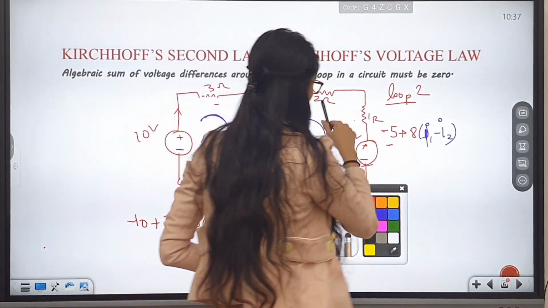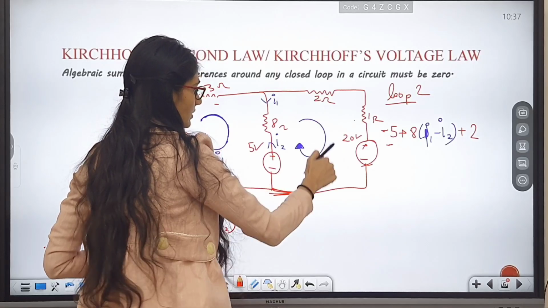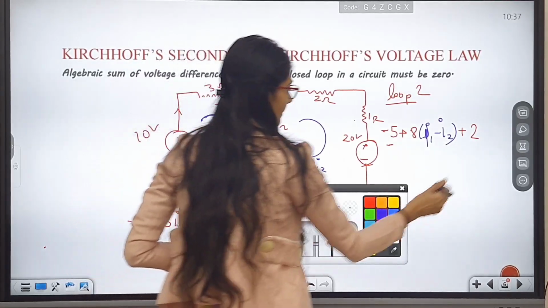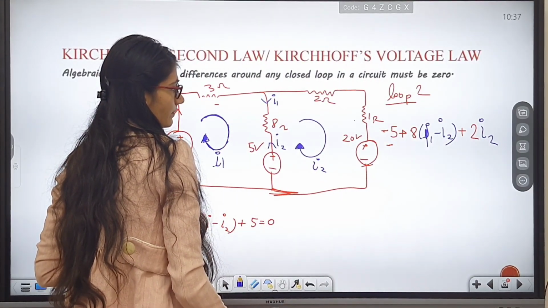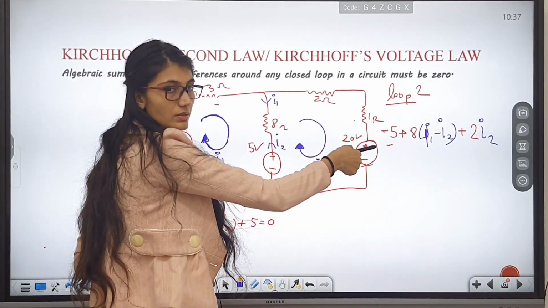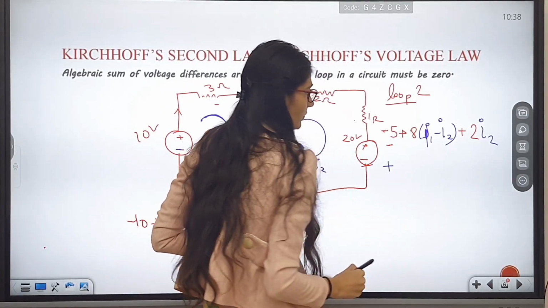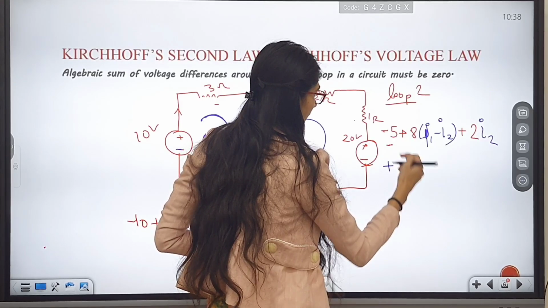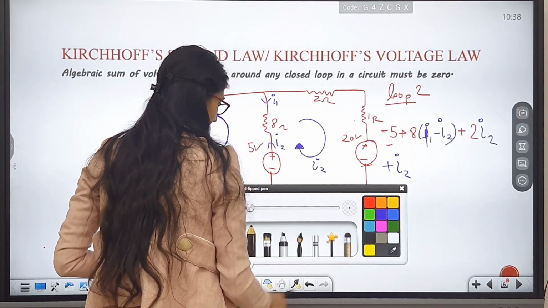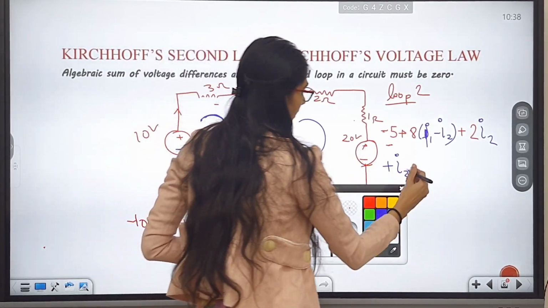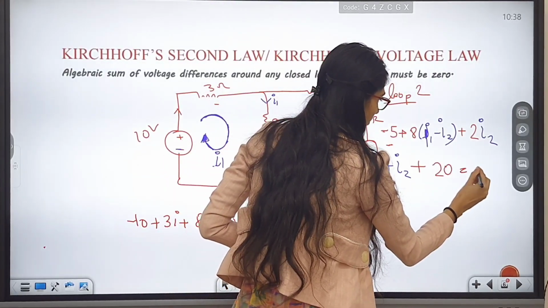Resistance here is 2 and current flowing through here is I2. And again here it is 1 ohm resistance. Otherwise just write V is equal to IR, R is 1 and I is equal to I2. And last, we are facing the positive part of this battery, so it is 20 volt is equal to 0.